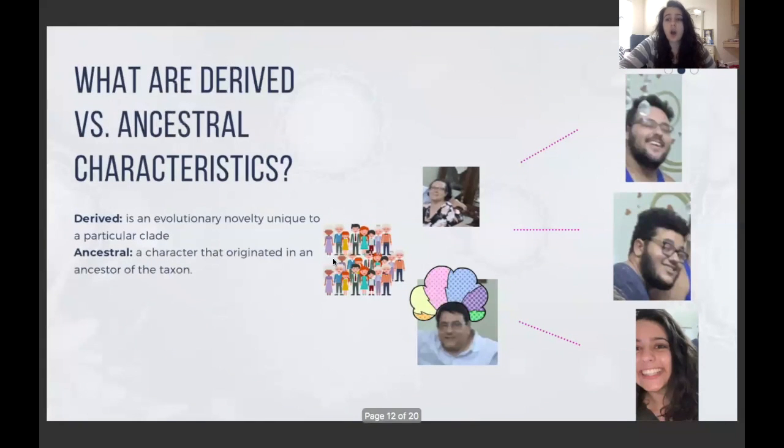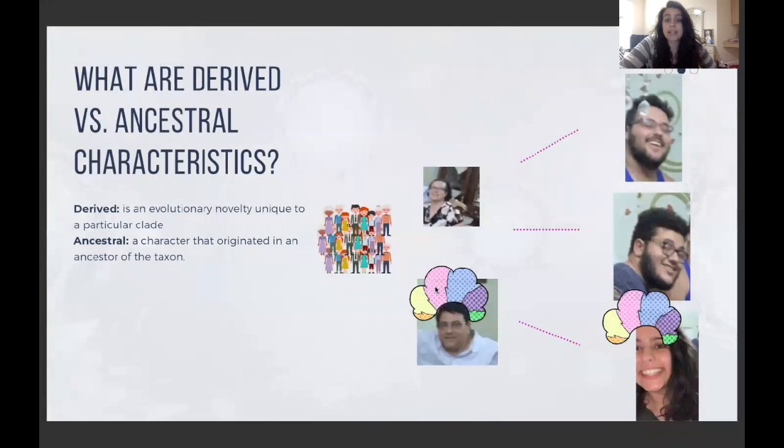Let's say that for the first time ever, this evolutionary novelty occurs and my dad exhibits rainbow-colored hair, right? And now let's say that my dad passes this rainbow-colored hair on to me, okay? So it's an evolutionary novelty, but it's also passed down to me.